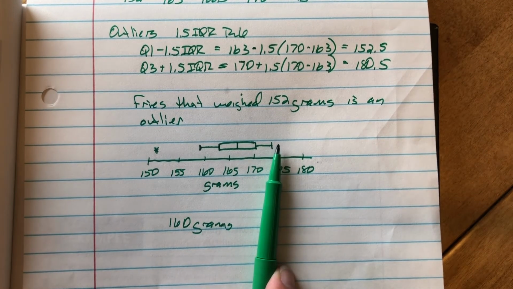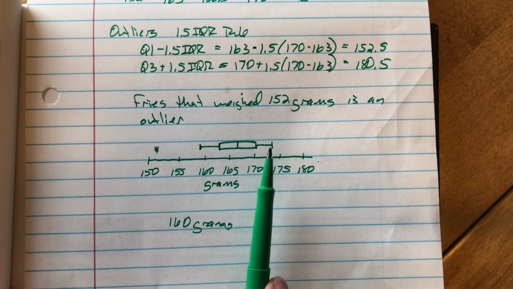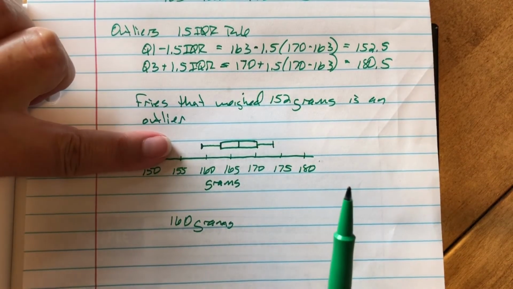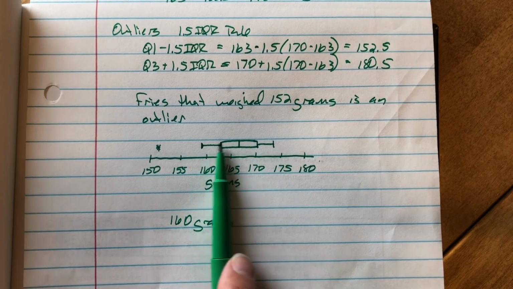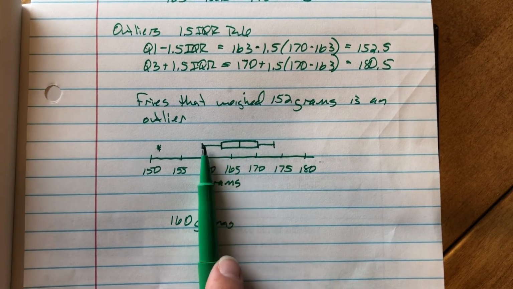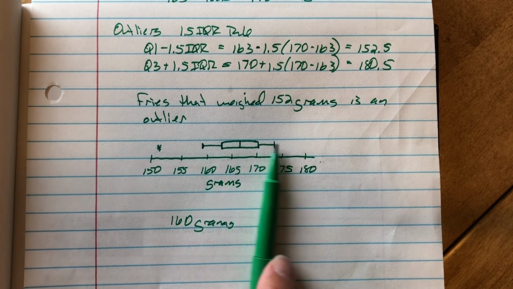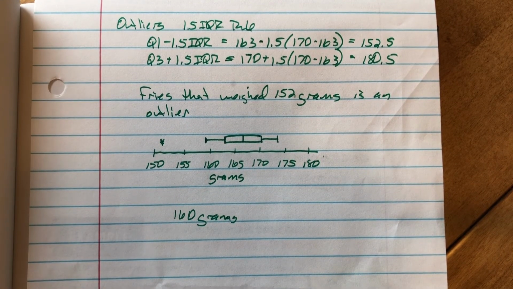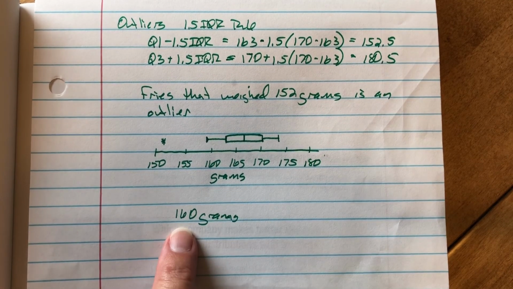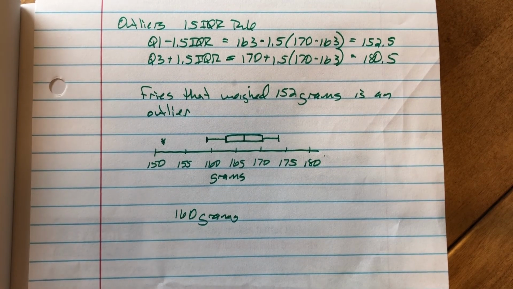So I don't think that their data supports their hypothesis, okay? If this whole thing was shifted down below 160 grams, sure, but no, more than 75% of their sample fries weighed more than 160 grams. So yeah, they're not getting ripped off on their fries. They're getting the 160 grams or more a majority of the time in their Burger King fries.